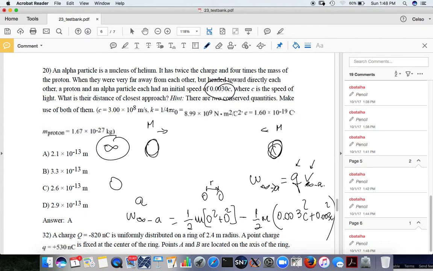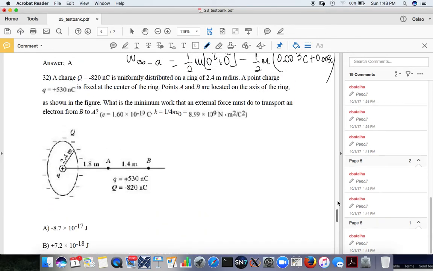And then you can figure out what is QV, because it's given by Q times the potential at infinity, which is 0, minus the initial one, which is the charge of the other alpha particle divided by the separation. And this is the charge of an alpha particle.